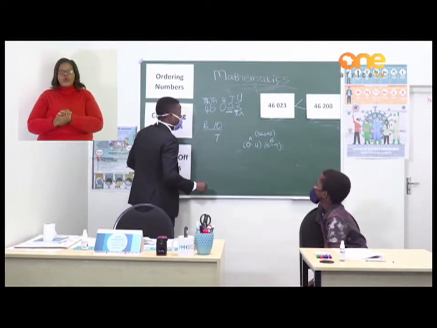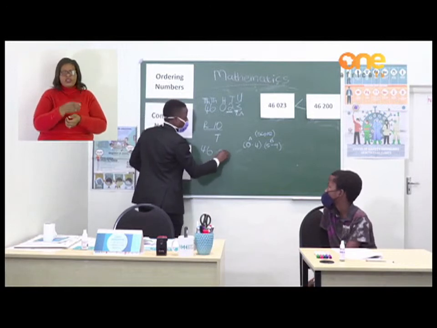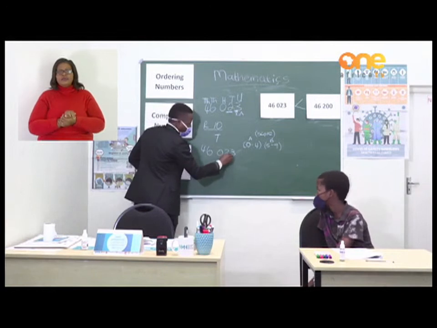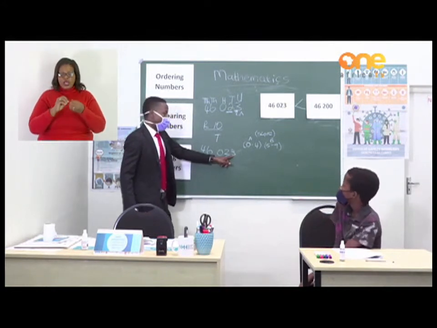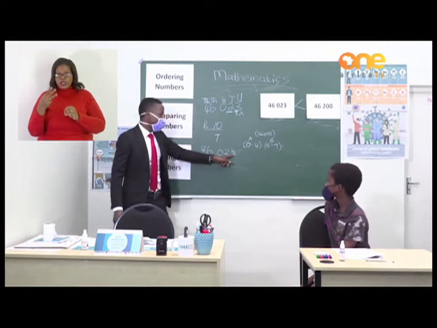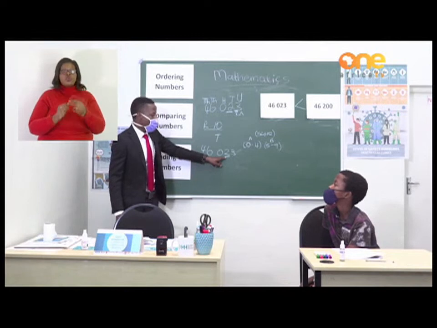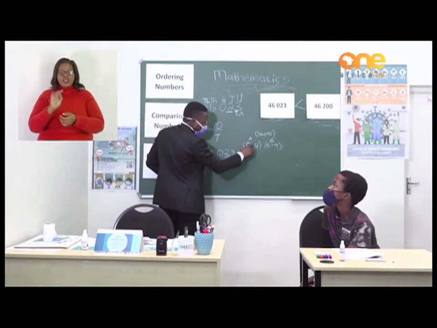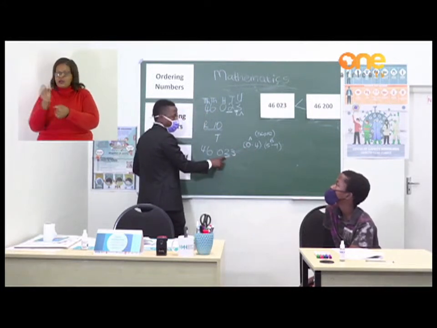Now let's go back to the number. You have 46,023. We are rounding off 2. The number we need to look at is 3. We ask ourselves a question: can 3 change 2? Yes or no? If 3 falls under this category, it cannot change 2.